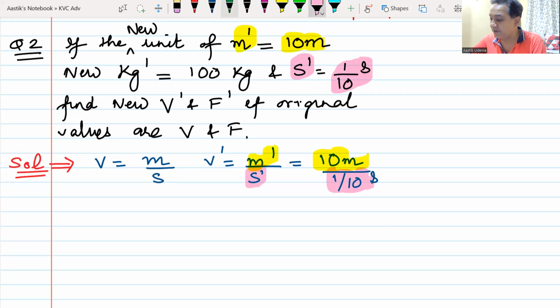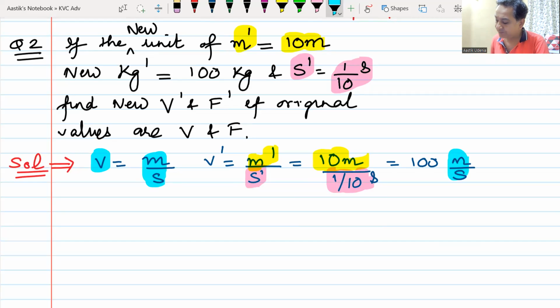So what do I have here? It's 10 divided by 1 by 10. So I get 100 times. And I get this meter by second again. This blue quantity meter by second is nothing but your original velocity.